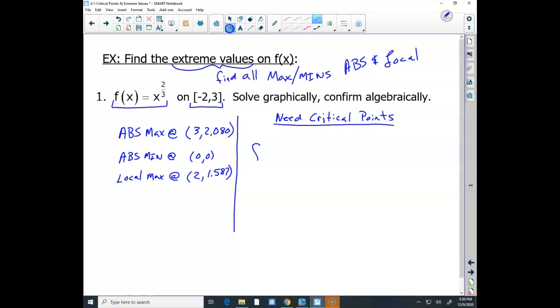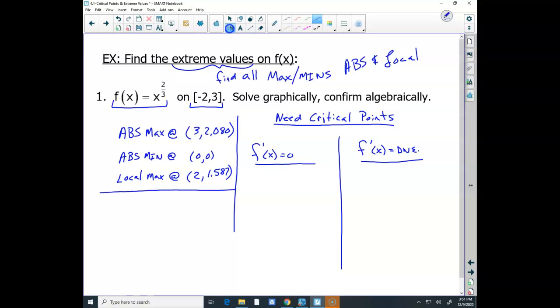Critical points happen when f prime of x equals 0 and when f prime of x does not exist. That's where our critical values come from. Notice, finding critical values involves calculus. I need to find my derivative.